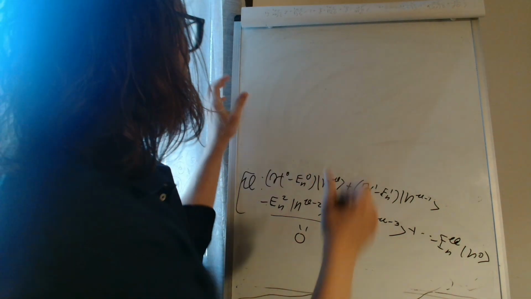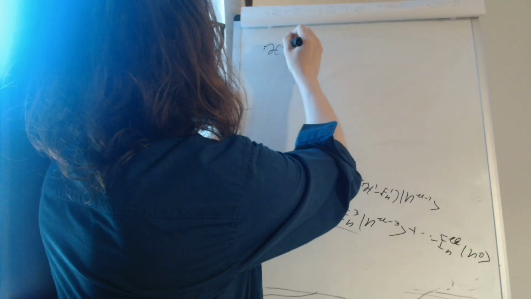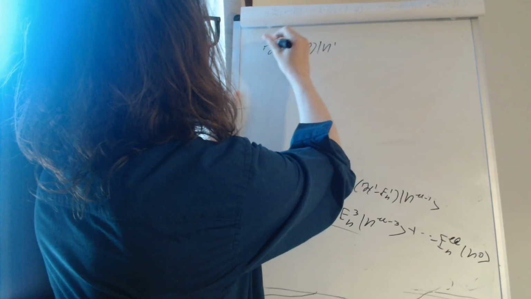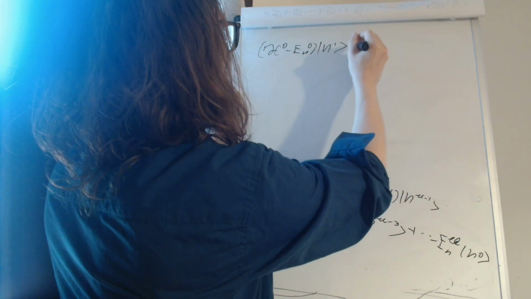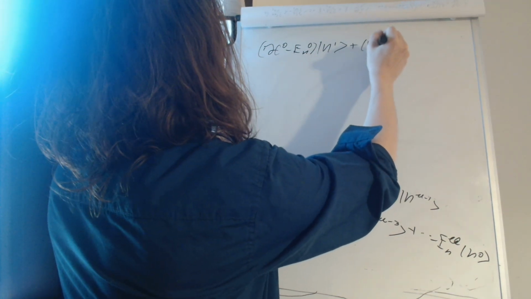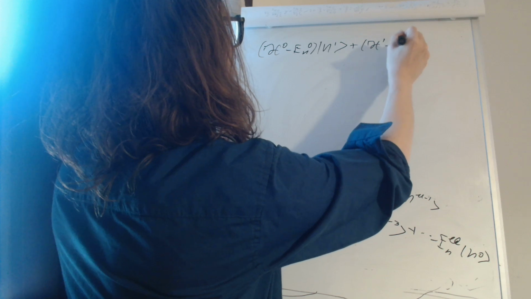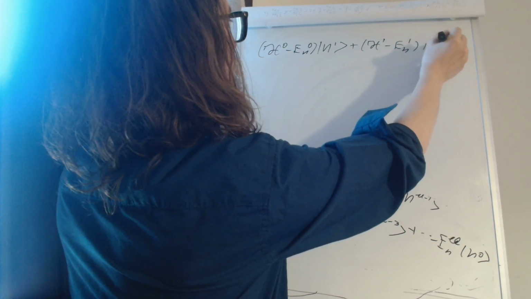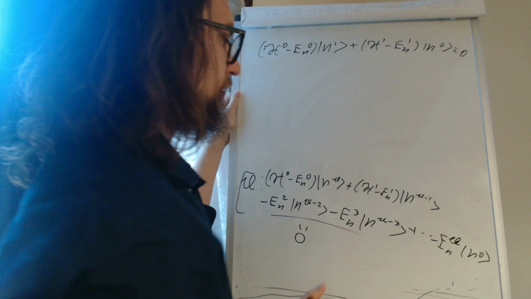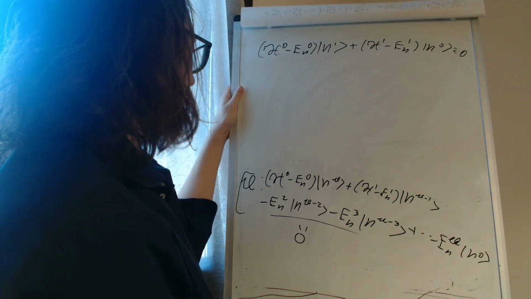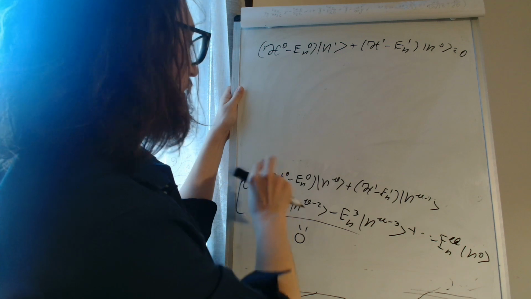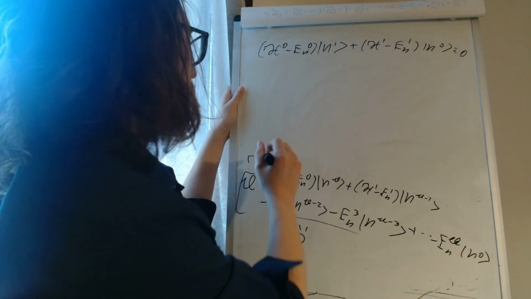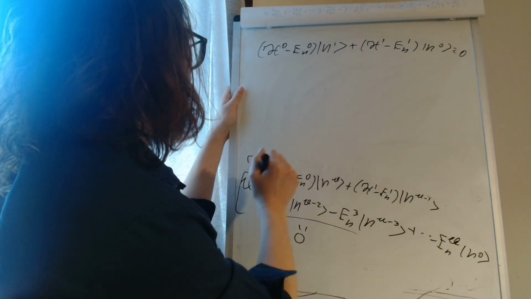For degree 1 we have (h0 minus e n0) times n1 plus (h1 minus e n1) n0 equals 0. Now a trick to solve these equations is to multiply the left hand side, both sides, by n0.